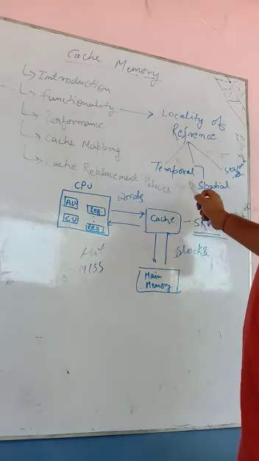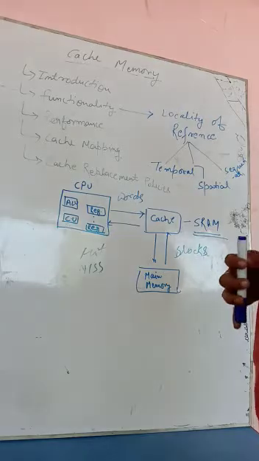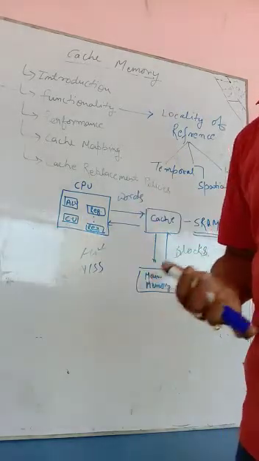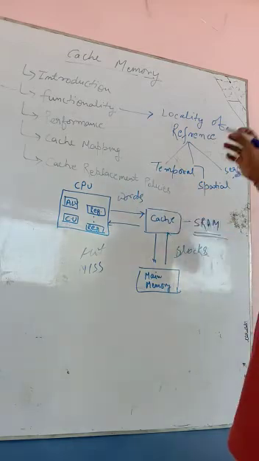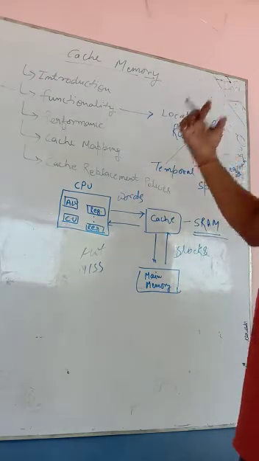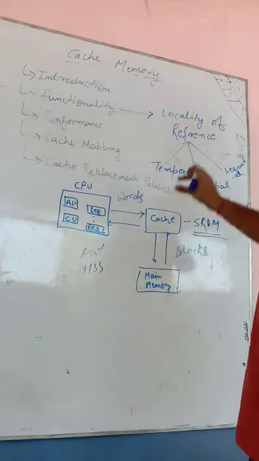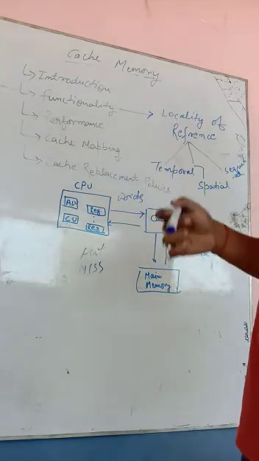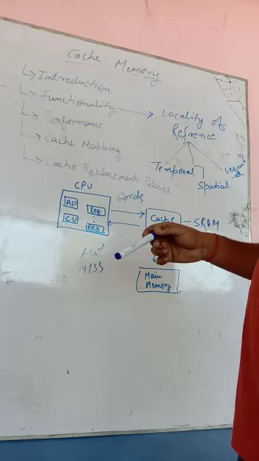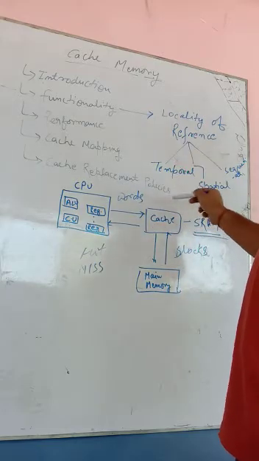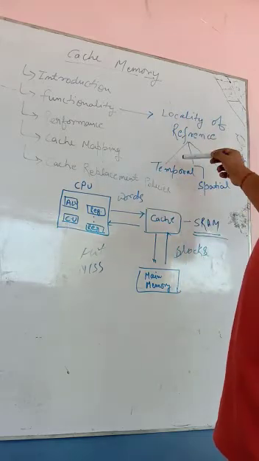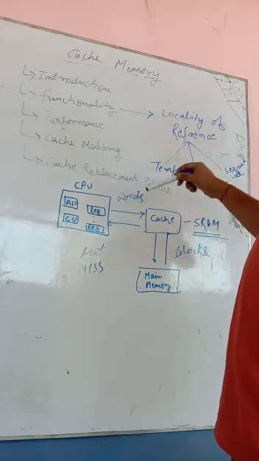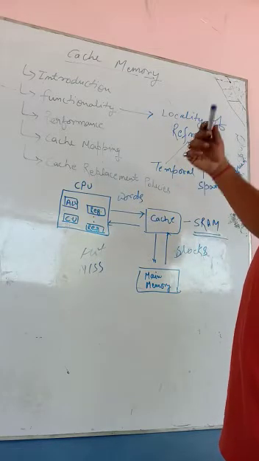What is temporal locality of reference? Temporal means that when any subroutine or function is called for execution, or any loop is called for execution, it requires the same data to be accessed many times. When any loop is executing or any subroutine is called, the process uses that particular data until the subroutine or function ends.